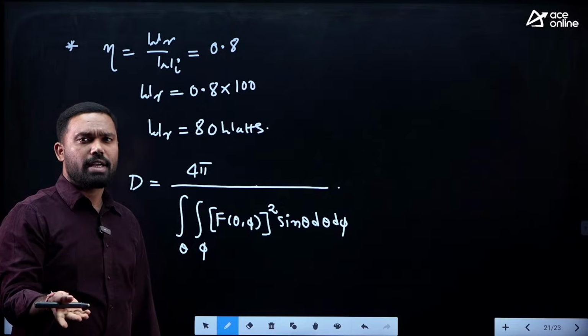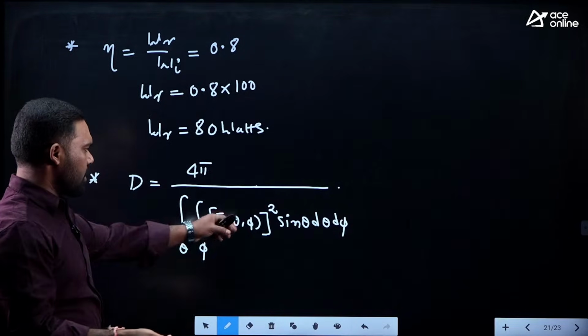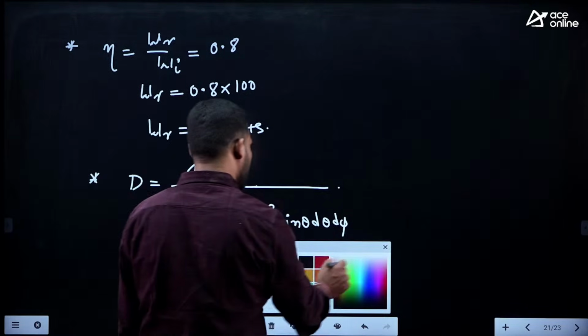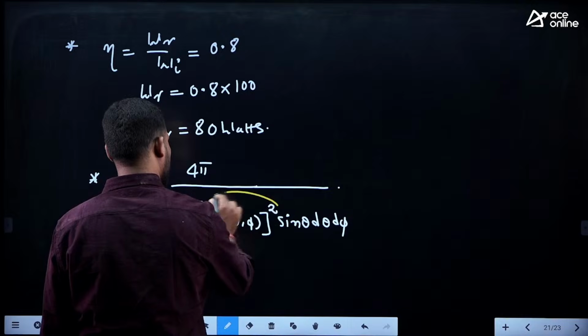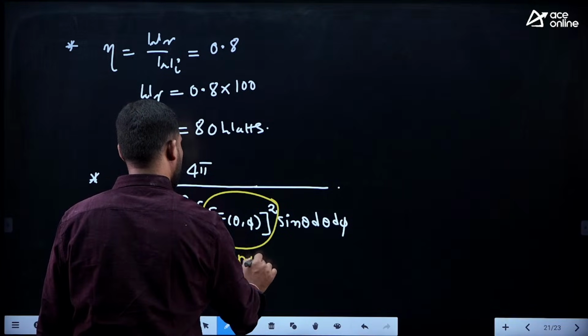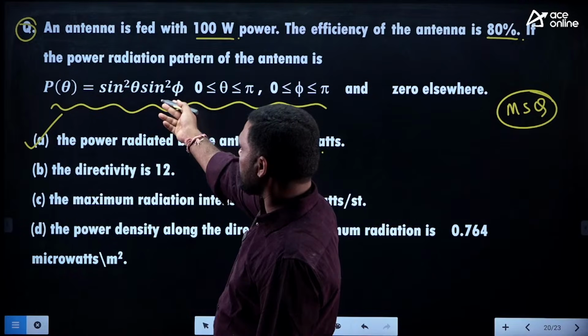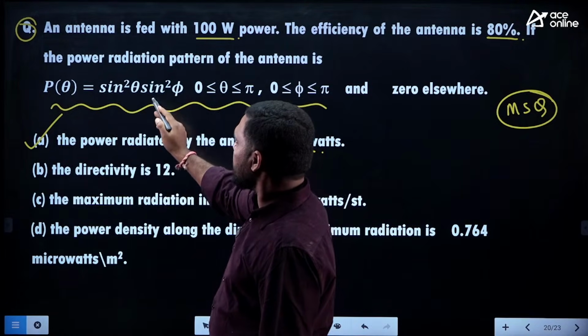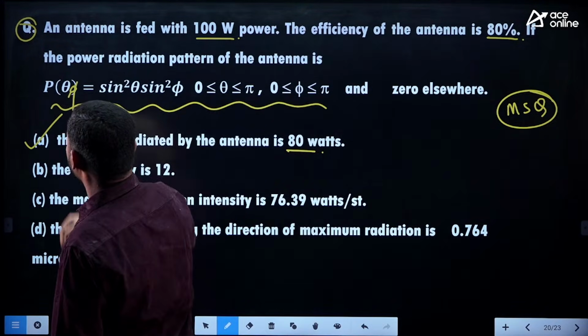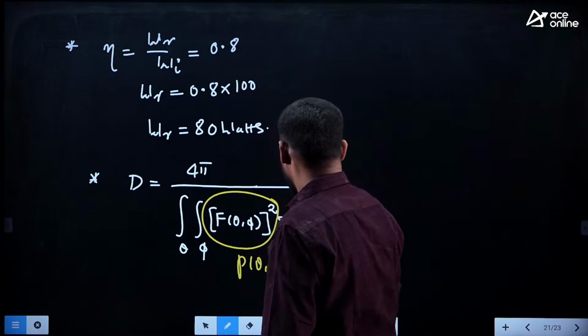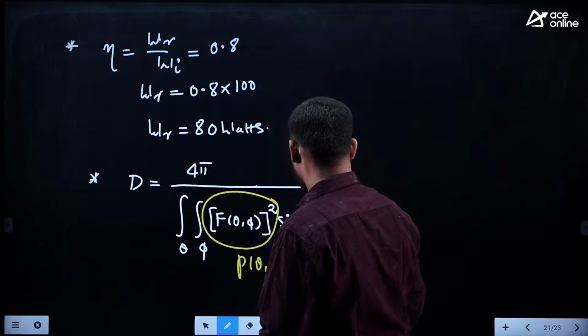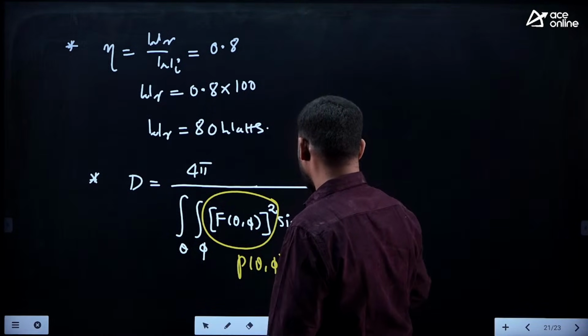The square of that is a power radiation pattern, so it has directly given the square value. This entire thing is nothing but a power radiation pattern, because squaring is there. So it's P of theta comma phi, if you want to say. It is dependent on theta and phi. Anyhow, you can substitute here and perform the integration. That's all it is.